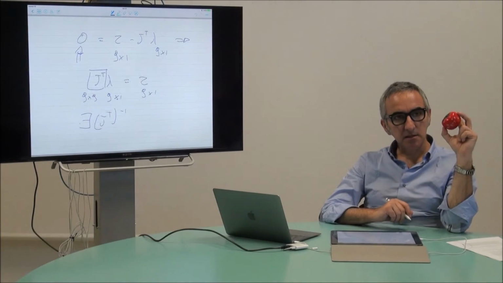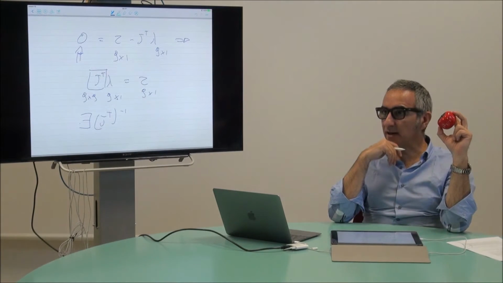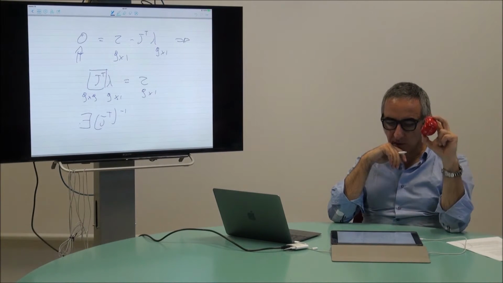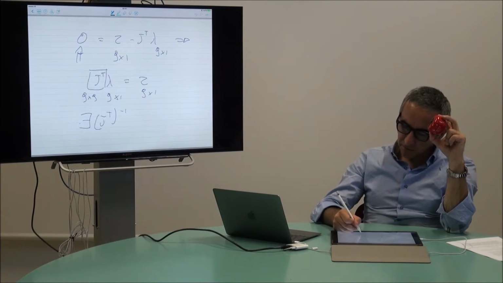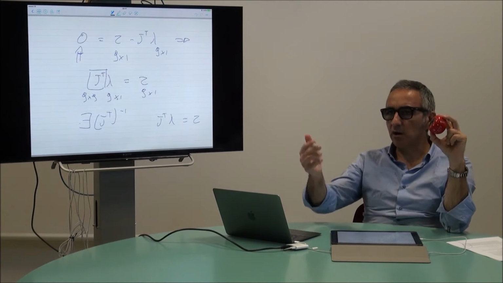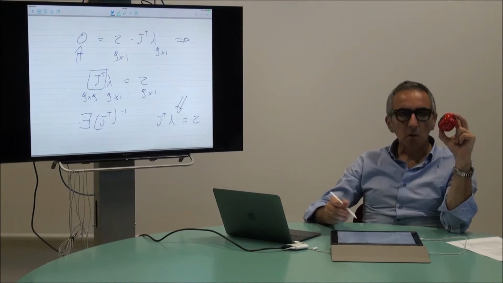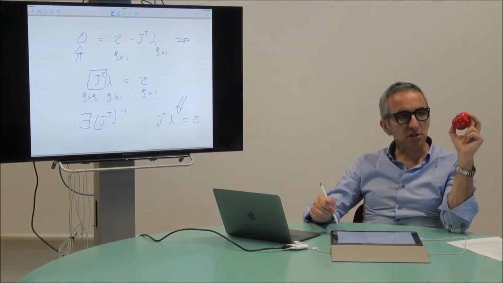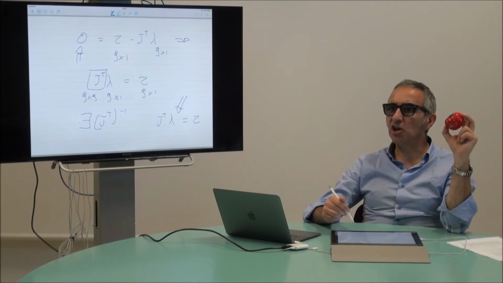This is for us super simple and clarifies a lot everything. Why? Because you want to say here, look, in the static equation, if you have J transpose lambda is equal to tau, if someone gives you a lambda, whatever the value of lambda is, this equation is solvable, and there always exists a tau that generates that lambda.